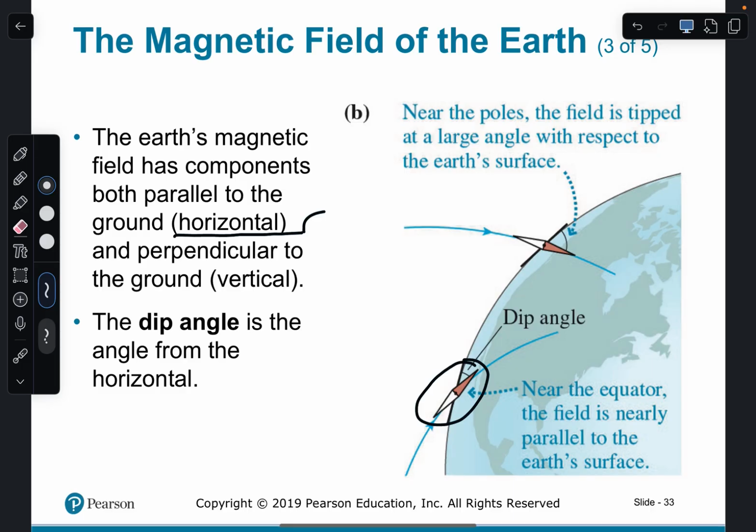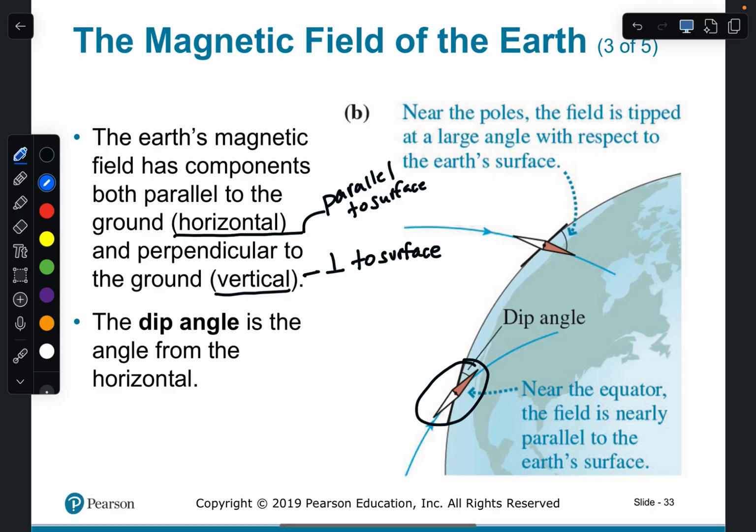I want you to think parallel to the ground, parallel to the surface. The other component is the one pointing into and out of the surface. That's going to be the vertical, perpendicular to the surface.